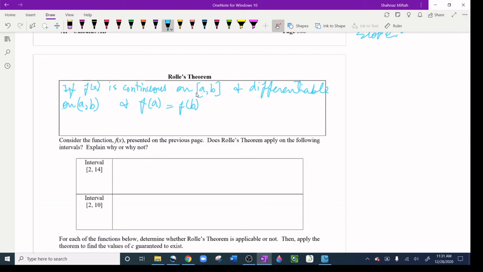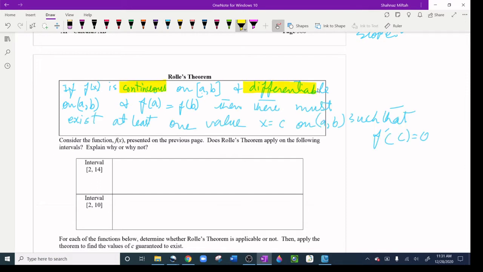Remember a few things in Rolle's theorem: it has to be continuous, it has to be differentiable, and the third condition is f of a has to equal f of b. If all three conditions are there, then there must be at least one value x equals c on AB such that you take the derivative of the function and make it equal 0 so you can get the c.